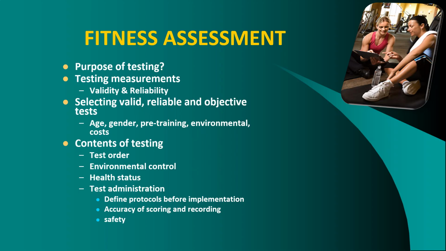Other things to consider: tests can affect each other, so the testing order is going to be important. We want to make sure that from one testing situation to the next, we have a consistent environment. So let's say you're working with athletes and you're testing them outside in August, when it's humid and there's no wind and there's a lot of sun exposure.